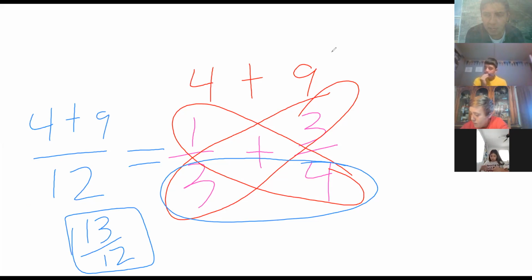So can we reduce 13/12? No, we cannot. Now, there's one thing that should tell you that we cannot reduce it. One of the numbers tells us that we cannot reduce it. Which one is it and why? 12? Not necessarily, right? What about 13? 13 tells us that we cannot reduce it. And why is that? Because of the 3, but more specifically, what did we talk about yesterday?